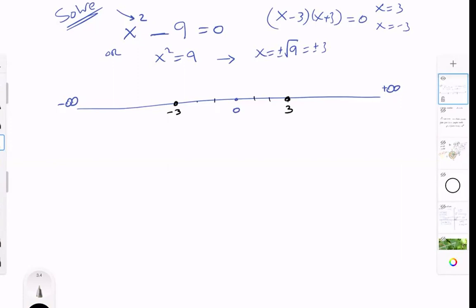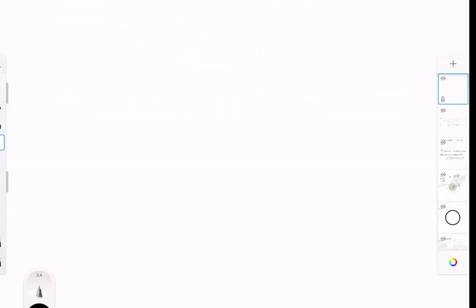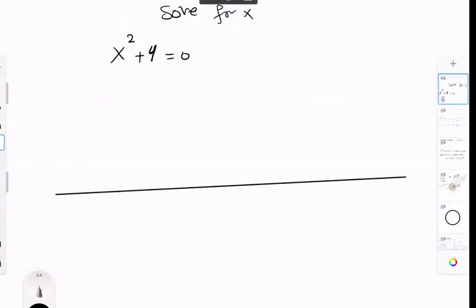Now, what about this question? x squared plus 4 equal to 0. Solve for x. I give you the number line, straight, negative infinity to positive infinity.